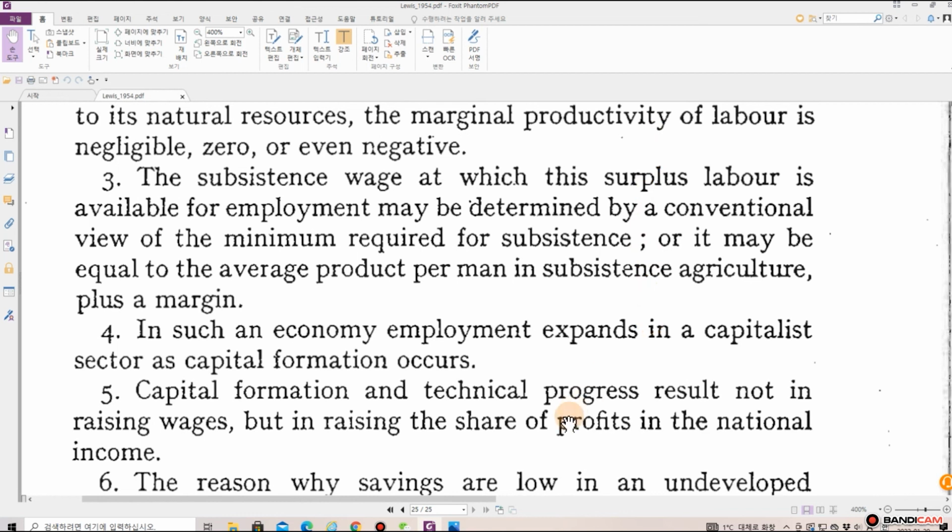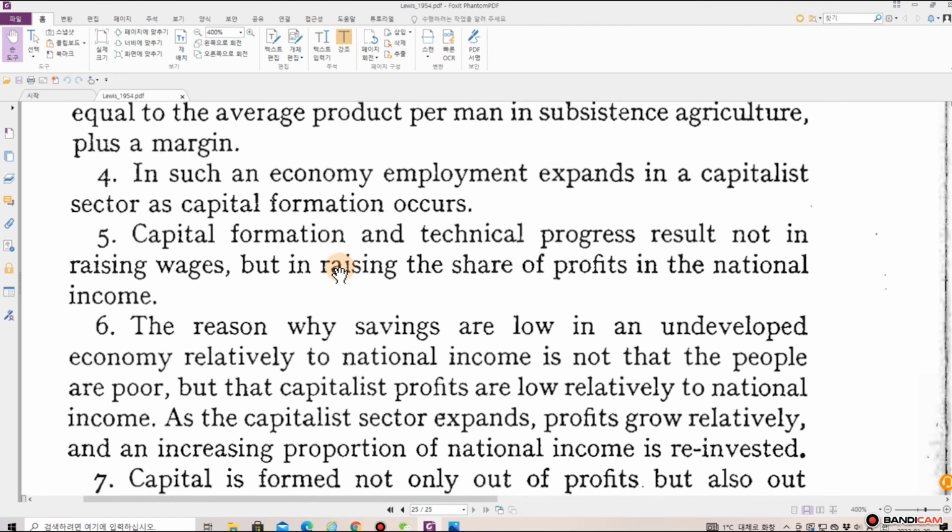The subsistence wage at which this surplus labor is available for employment may be determined by a conventional view of the minimum required for subsistence, or it may be equal to the average products per man in subsistence agriculture plus a margin. 4. In such an economy, employment expands in a capitalist sector as capital formation occurs.